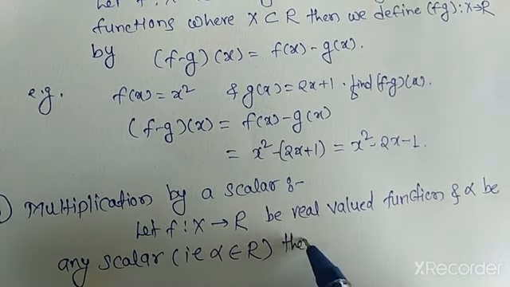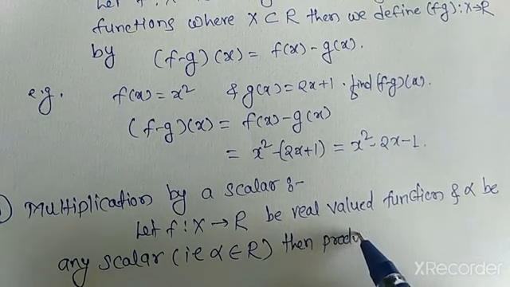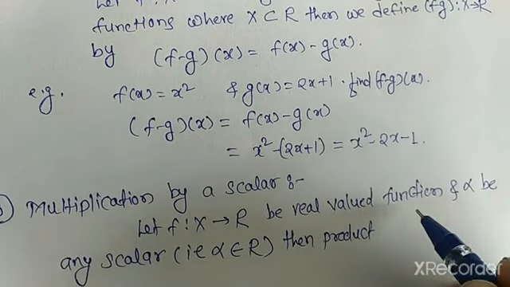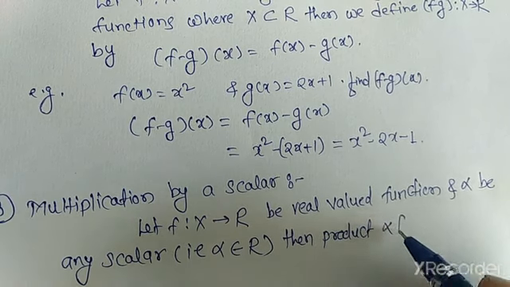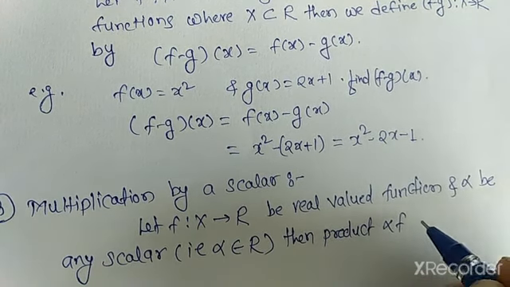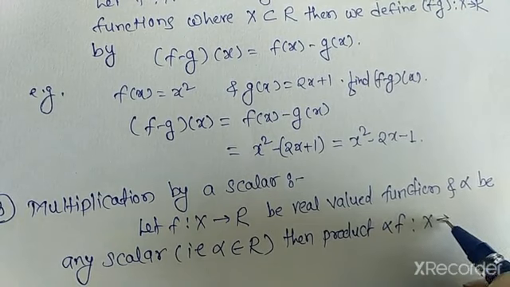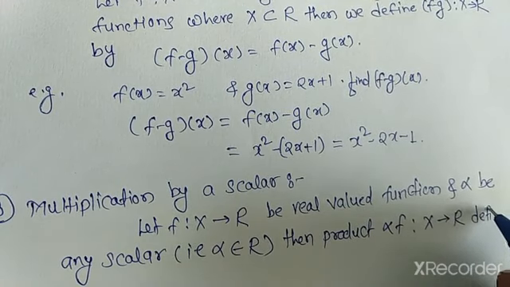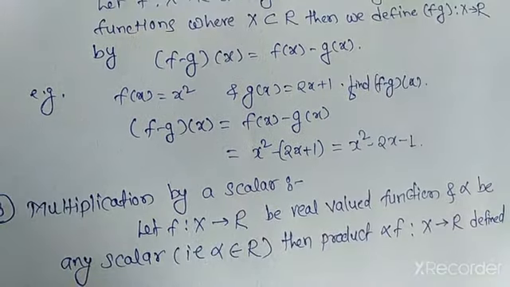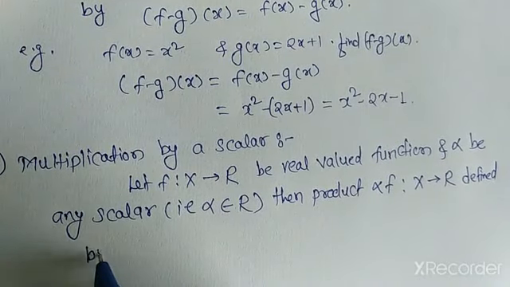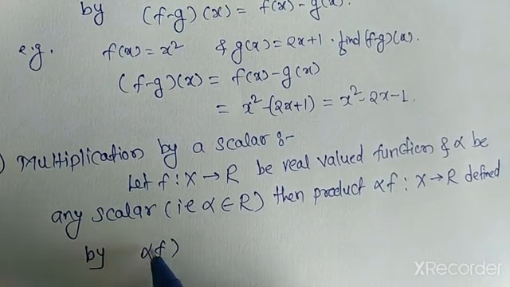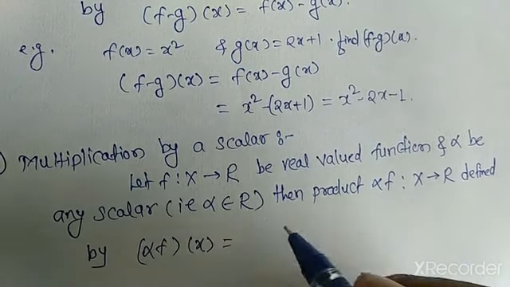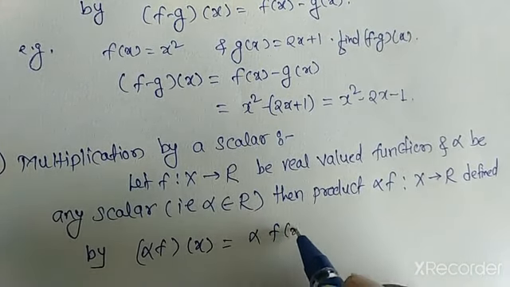Then the product alpha f is a function from X to R defined by (alpha f)(x) is equal to alpha times f(x).